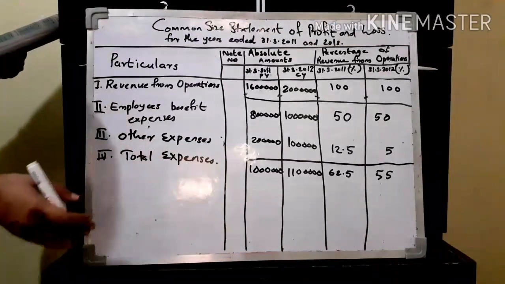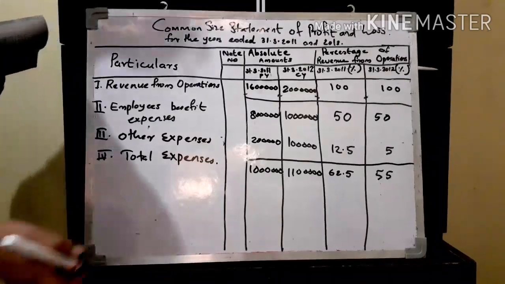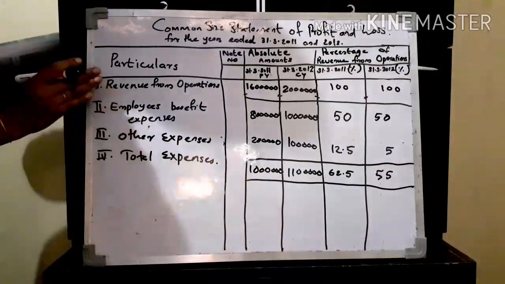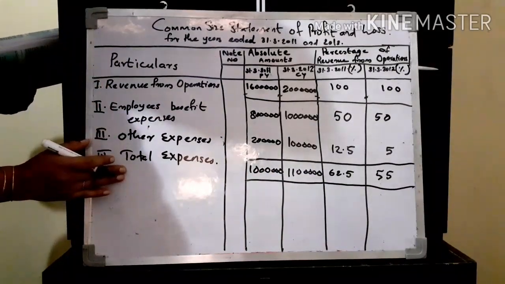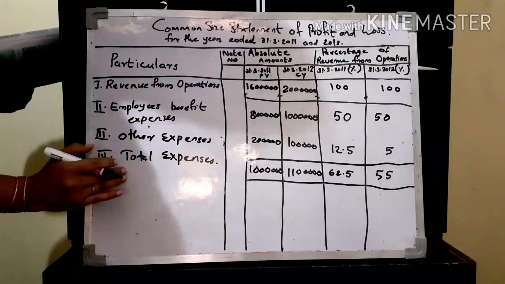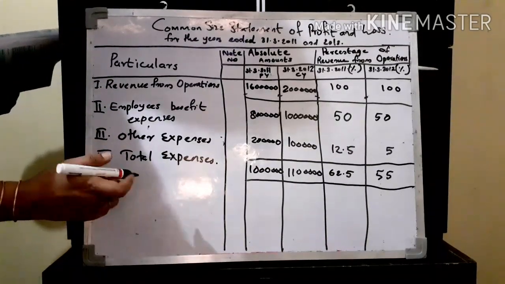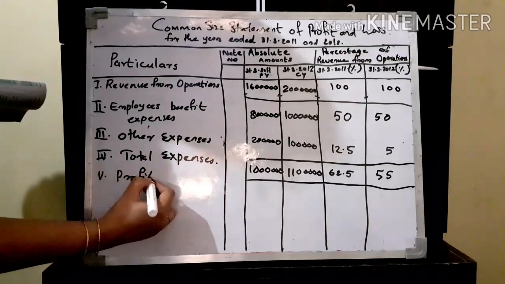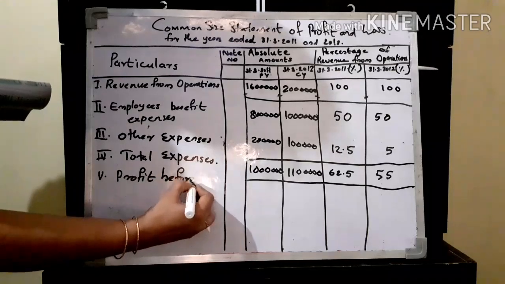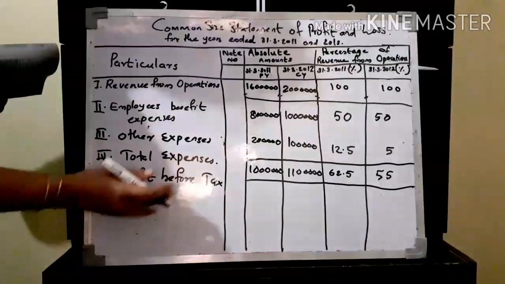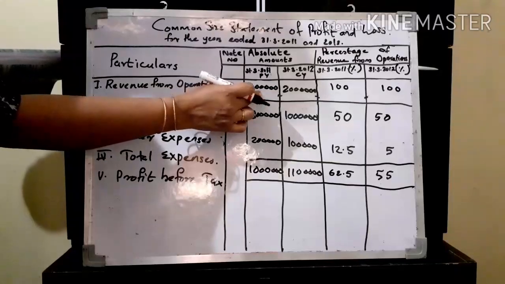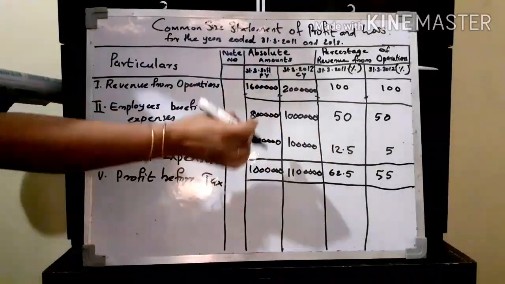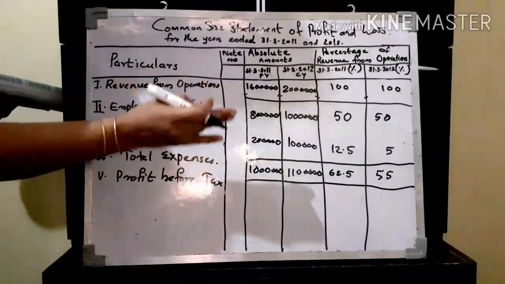Then total expenses are over. Next, profit before tax. After this, underline this portion. Revenue minus total expenses is equal to profit before tax. Revenue 16 lakhs and total expenses 10 lakhs, so 16 lakhs minus 10 lakhs.